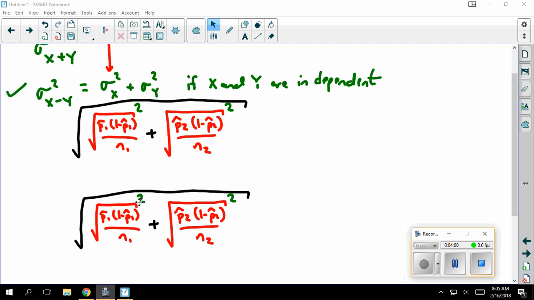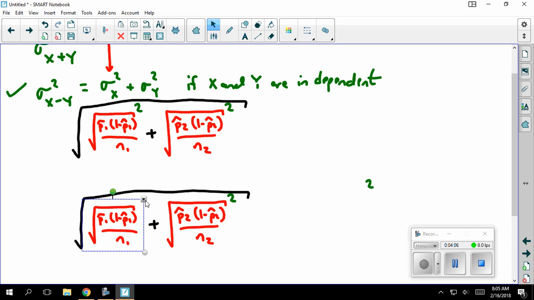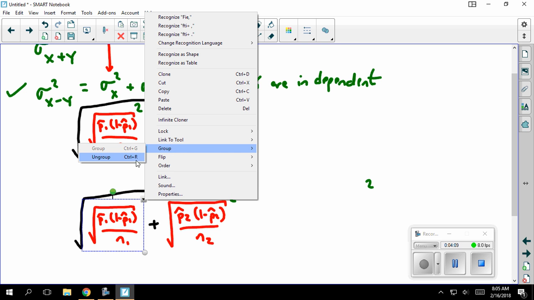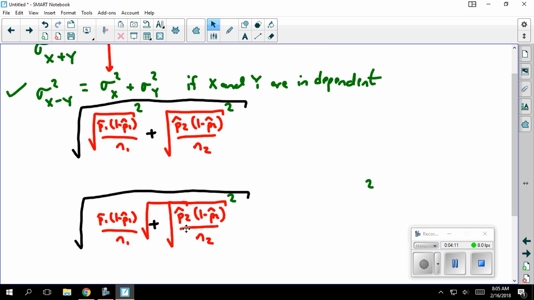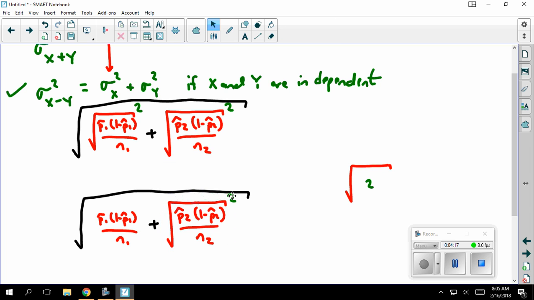Now I see right here I've got a square and a square root right next to each other, so that square, well, let's disassociate this, and that square root, those two things cancel. And the same idea over here, that my square and square root are going to cancel, and I've been left with this long but perhaps simple formula where I'm just looking at the individual p hats and finding their portion.